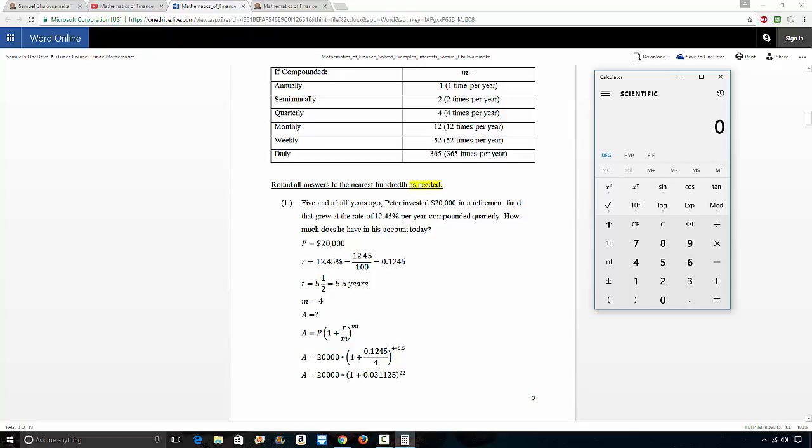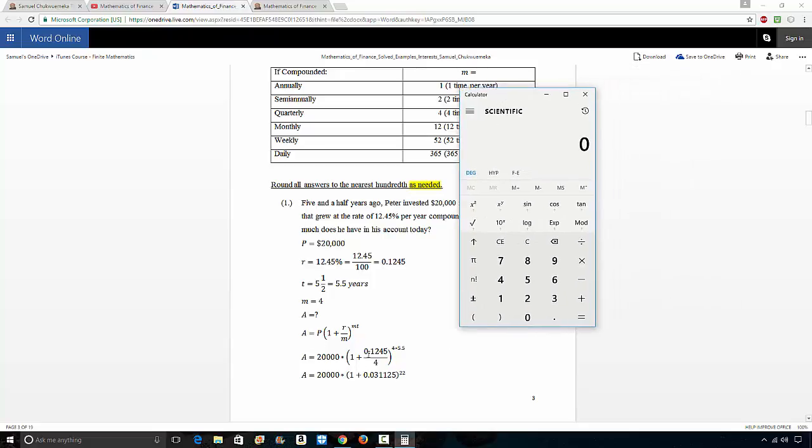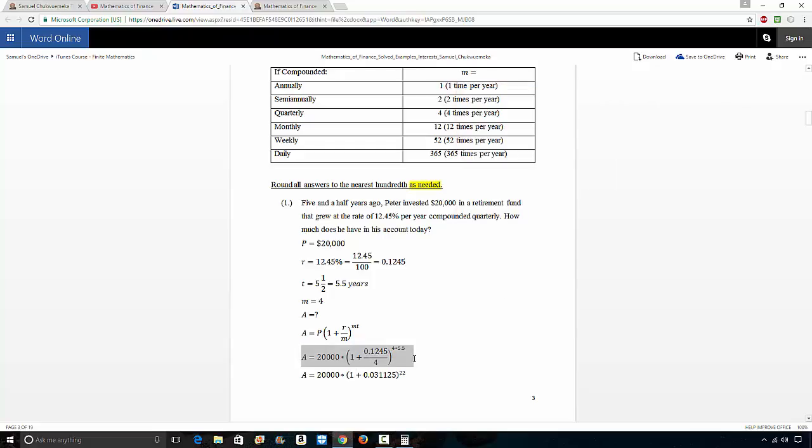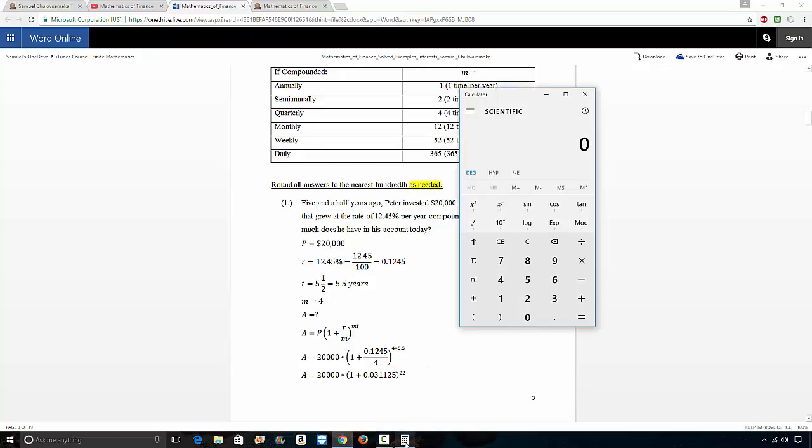So you will use the compound interest formula, and this is what I'm gonna do here. At least you know how to set up this, right? Once you know how to set up this, we're gonna use order of operations. So I assume that you are familiar with order of operations.